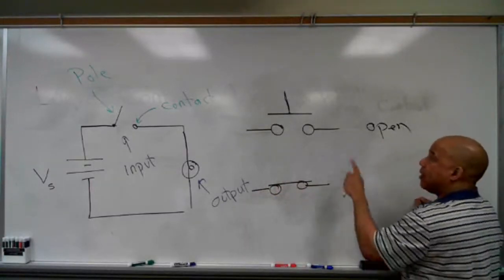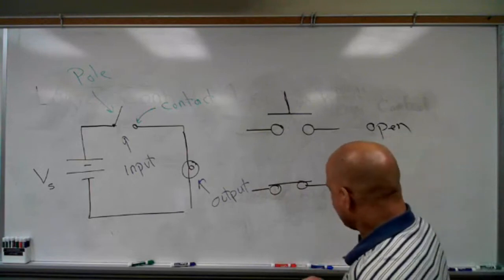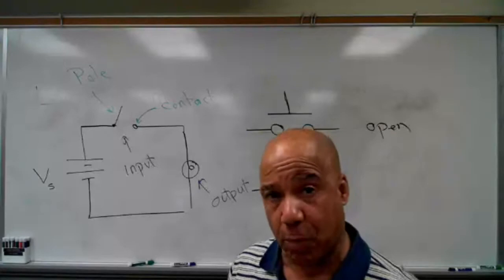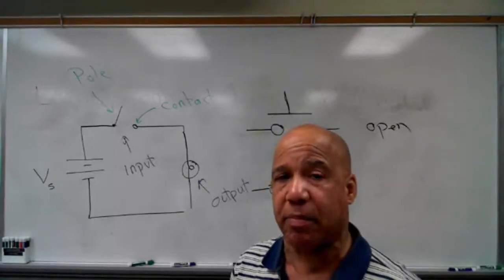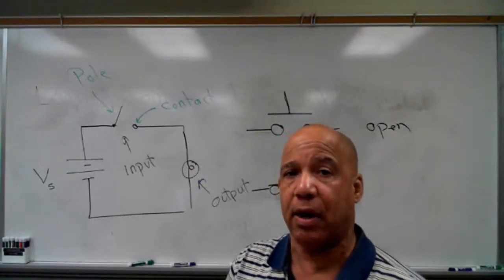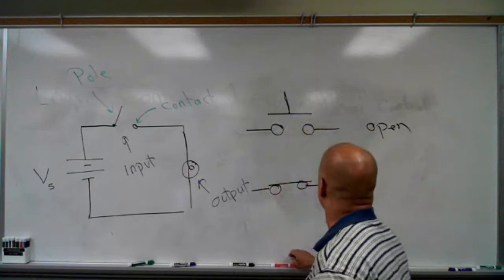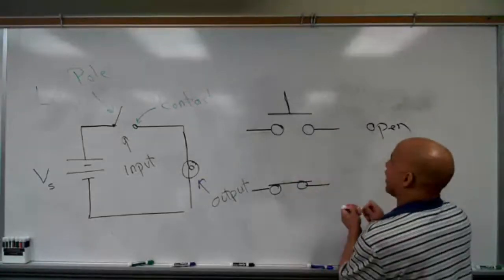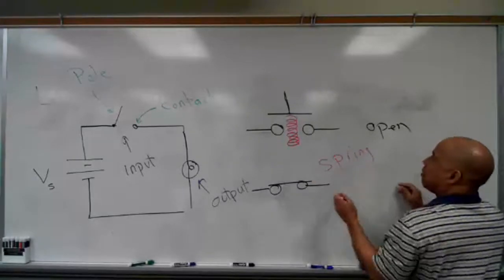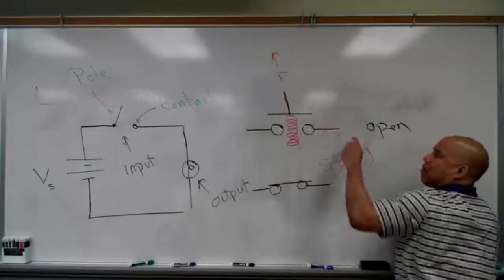What they do here, though, and this is the point I want to mention because somebody talked about buttons being momentary. They may or may not be momentary, but it turns out when you have a momentary button, that actually applies to what we want to do here. What they'll often do with this button is they'll put a spring here, a spring, which is actually applying an upward force on that pole.